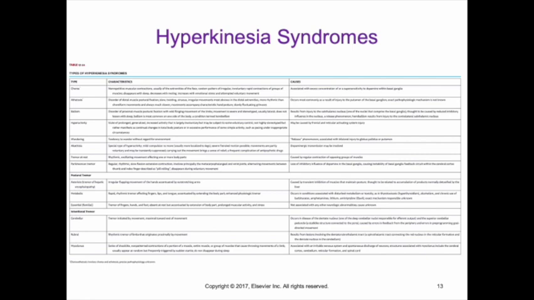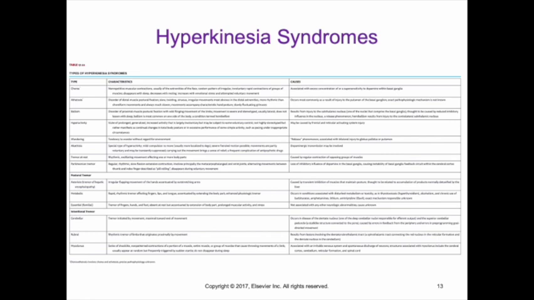It decreases when your patient's resting, and it increases when there's any type of emotional stress or when they attempt voluntary movement. It's associated with excess concentration of or a supersensitivity to dopamine within the basal ganglia.